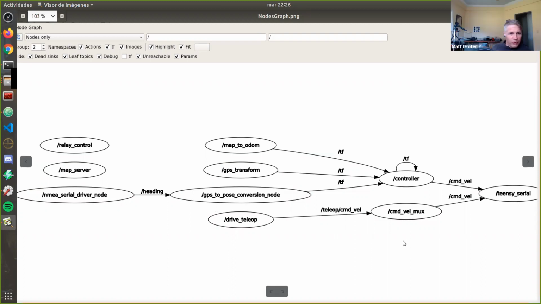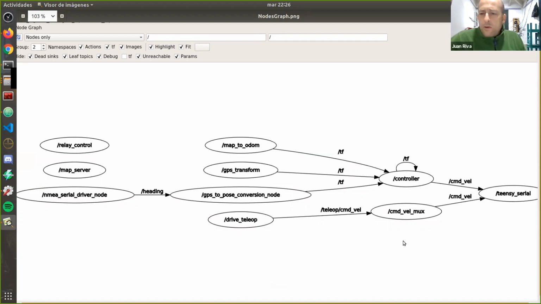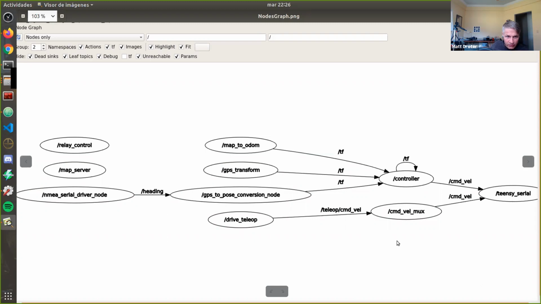So that's why you should have another one. You're just missing one topic from that NMEA serial driver node. There's a slash heading, but that GPS to pose conversion should look for two: slash heading and then your slash fix.